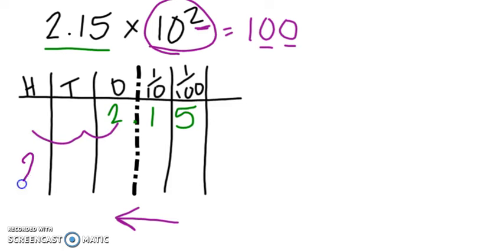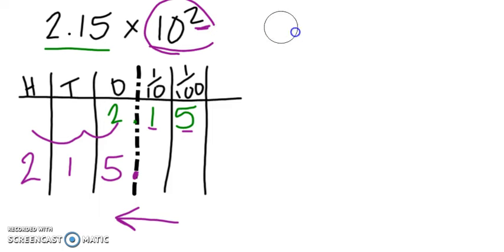So I will write my 2 now in the hundreds place, and then every digit that comes after will follow. And my decimal does not move, so my answer to my original equation is now 215.